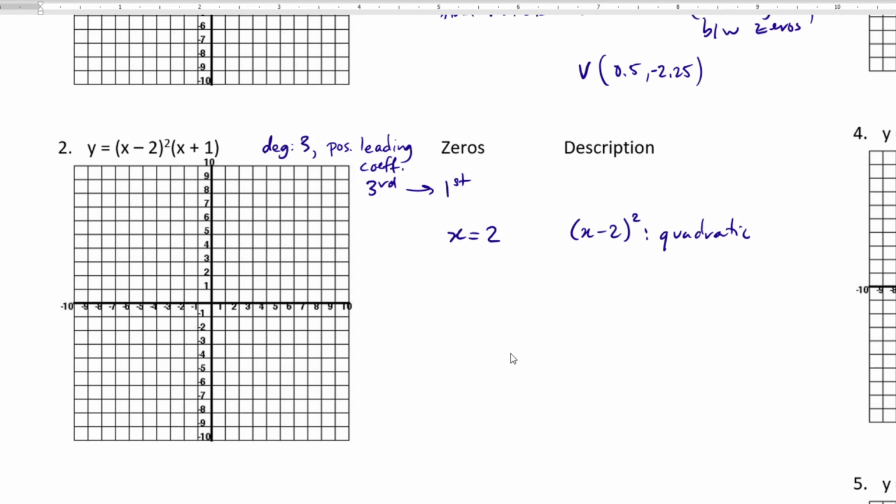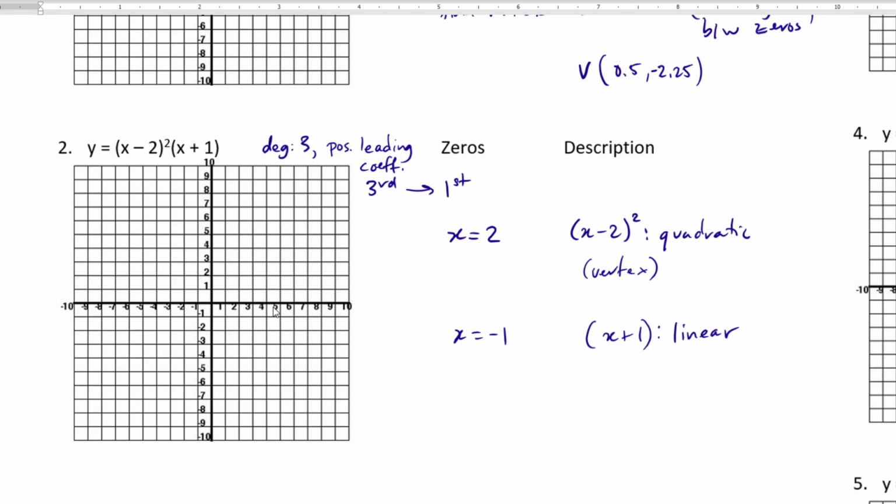So we're going to have basically a vertex at x is equal to 2, at that zero. For x is equal to -1, that factor is going to be a linear factor, which means that it's just going to pass through x is equal to -1.